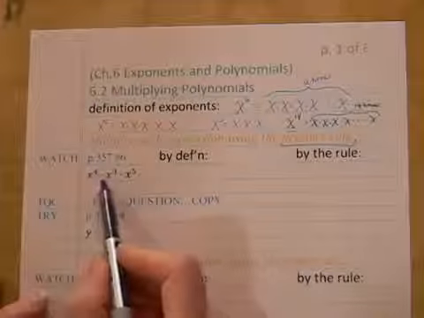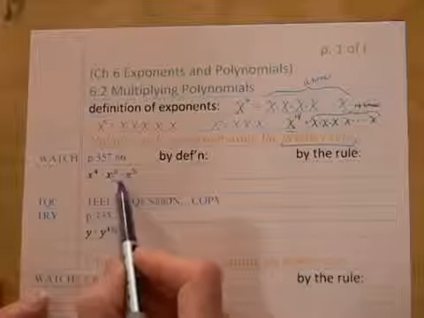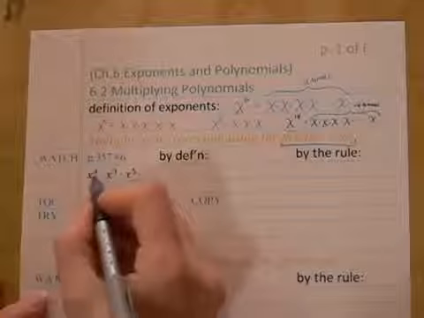So by definition, number 6, we have x to the 4th times x cubed, or x to the 3rd, times x to the 5th. By definition, what that equals is x times itself 4 times, times x to the 3rd, or x cubed. There's another set of x's being multiplied, 3 more. And then you have x to the 5th.